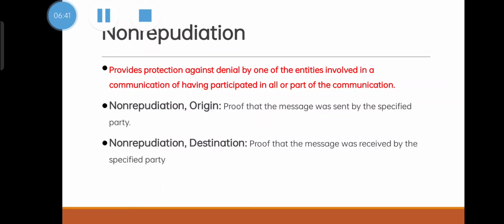Non-repudiation provides protection against denial by one of the entities involved in the communication of having participated in all or part of it. We have two types: non-repudiation of origin, proof that the message was sent by the specified party, and non-repudiation of destination, proof that the message was received by the specified party.